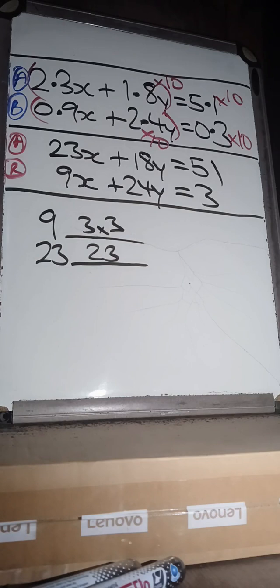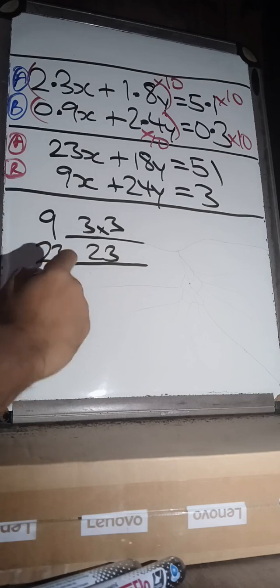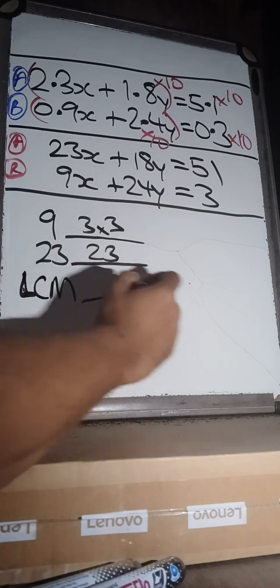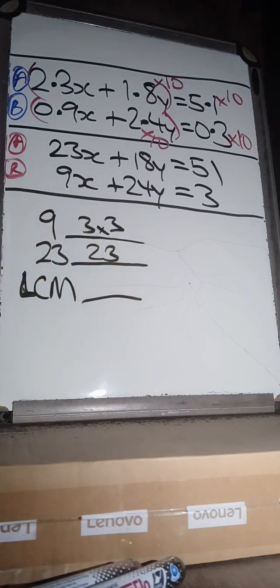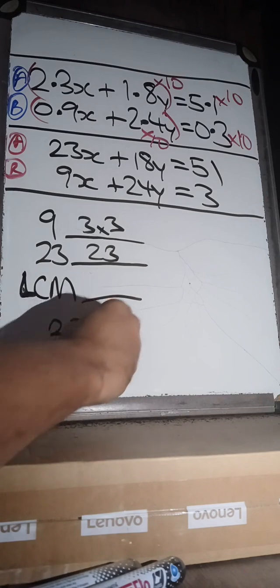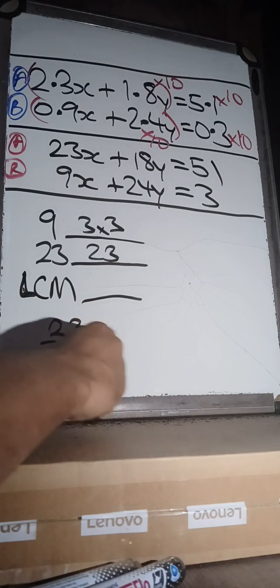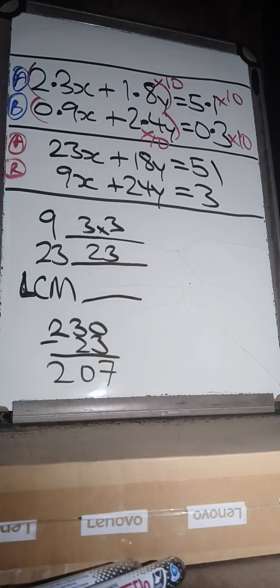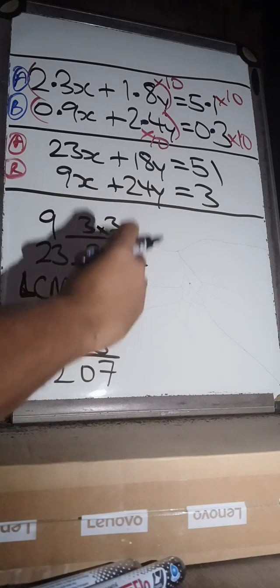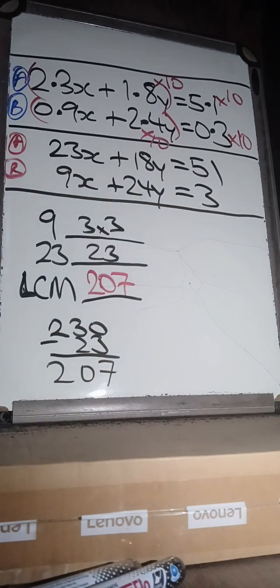Unfortunately, the LCM of 9 and 23 is literally 9 times 23. So we just have to multiply 23 by 9. Right? So 230 minus 23, looking like 207, right? So therefore, the LCM of 9 and 23 is 207.